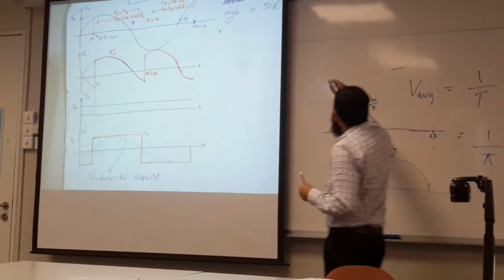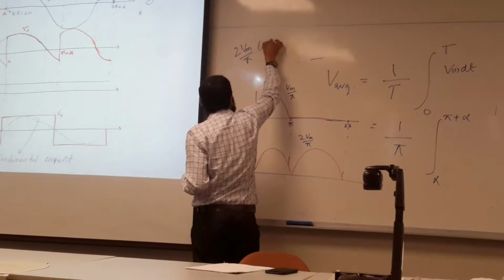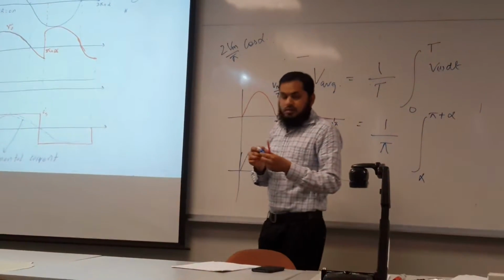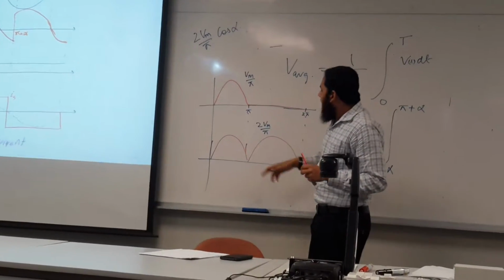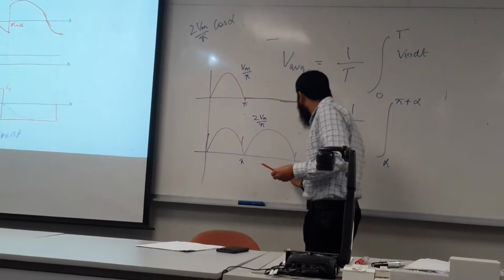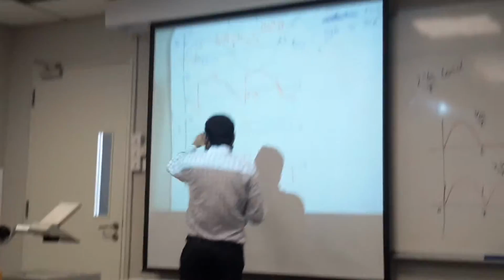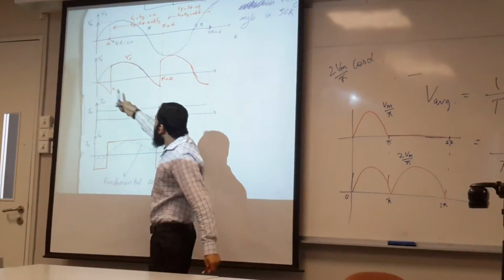Our answer was coming as 2Vm by pi cos alpha. Can you tell any difference between this waveform and this waveform? It is starting from alpha.